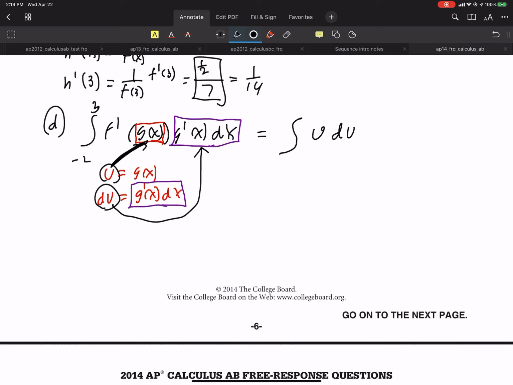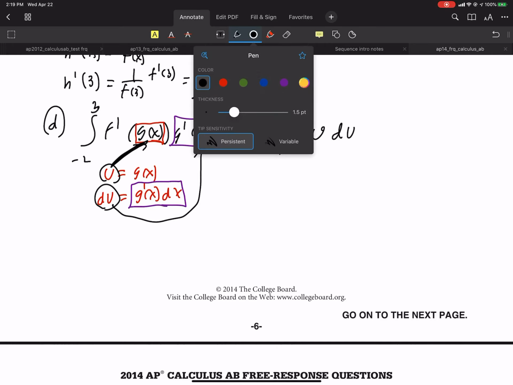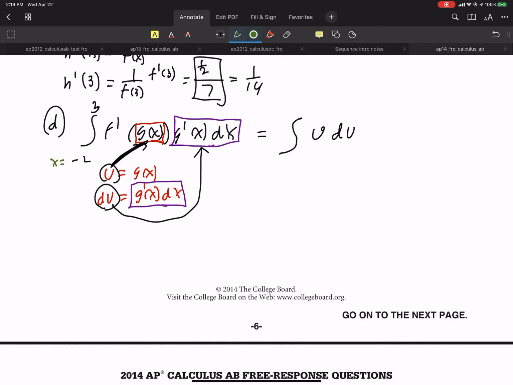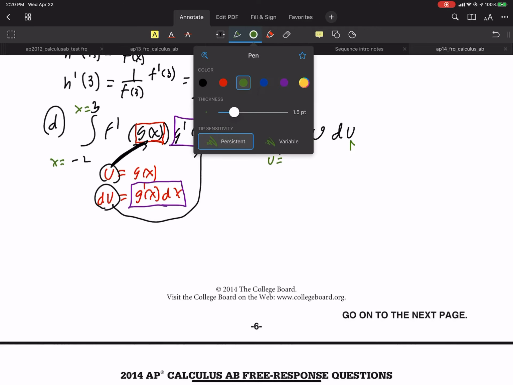Now here's the problem. These are values of x. We know that because x's are variable. Therefore, those are x's. Our variable in this case is u. So I need to change these to u's, because it has to match up or it's wrong.